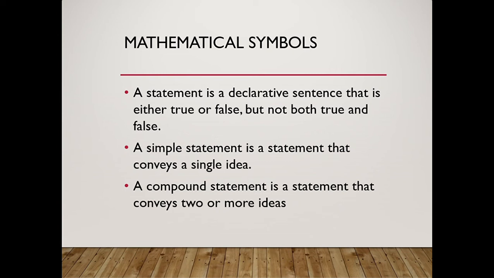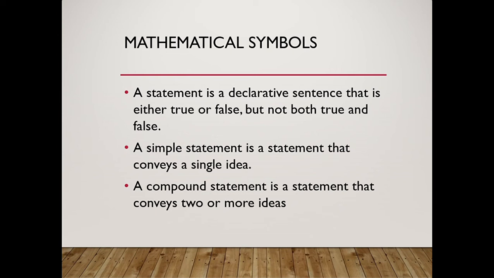Third, it cannot be both true and at the same time false. Remember this, because we will give examples later and you will identify if each is a statement or not.